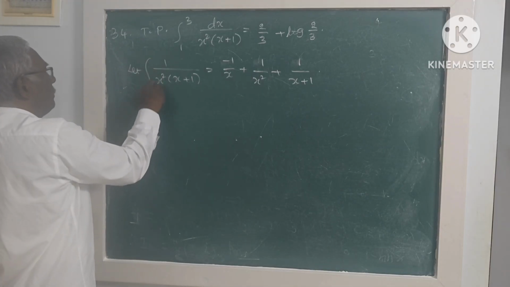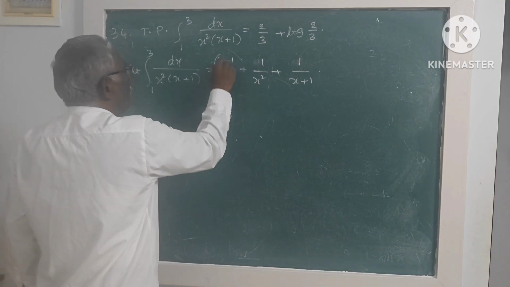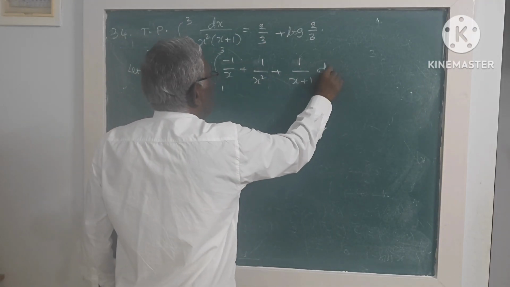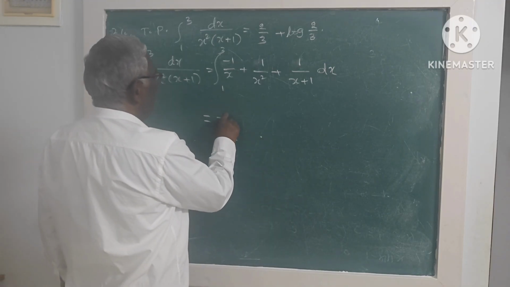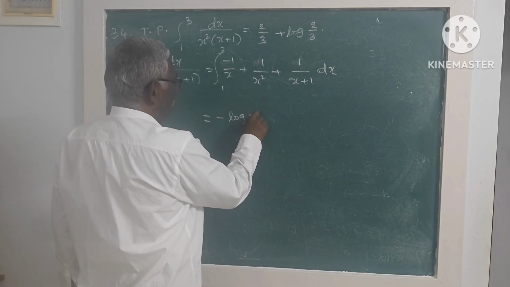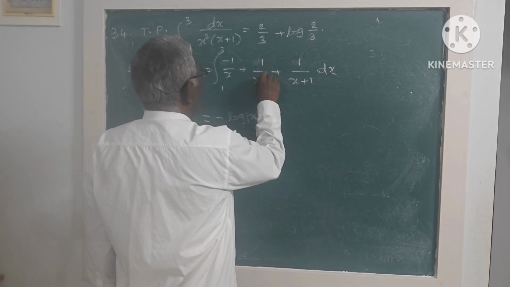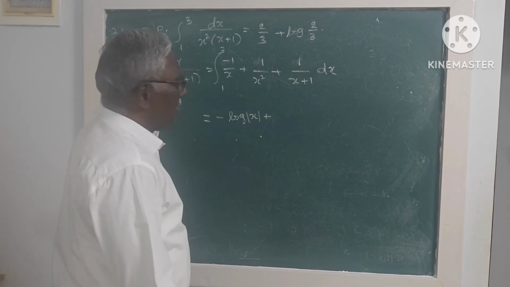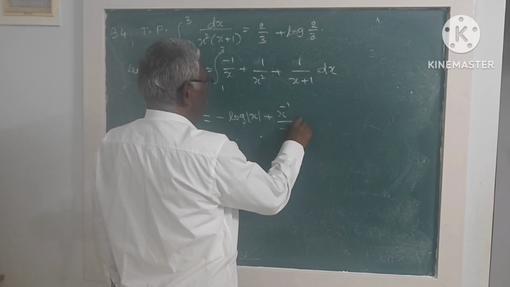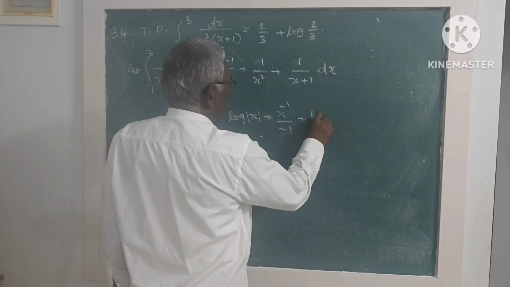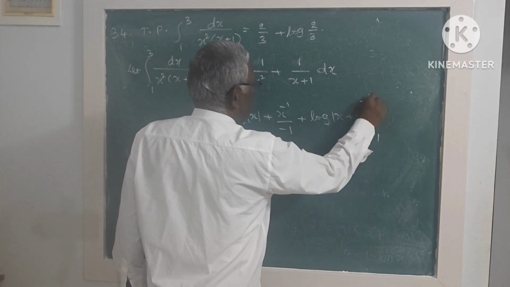So integral 1 to 3 dx. On integrating we'll get minus of log x, then x power minus 2 becomes x power minus 1 by minus 1, plus log of x plus 1, limit varies from 1 to 3.